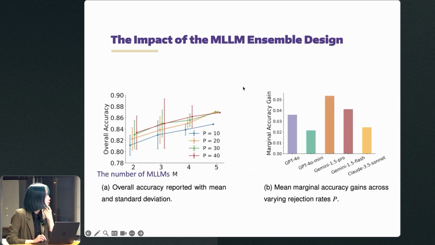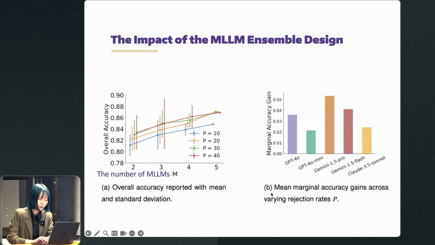And also we evaluate the impact of the MLLM ensemble designs. For example, in figure A, we can see the x-axis is the number of MLLMs, M. And if we increase the M size from 2 to 5, the overall accuracy also increases, which means that more LLMs here can lead to higher overall accuracy.